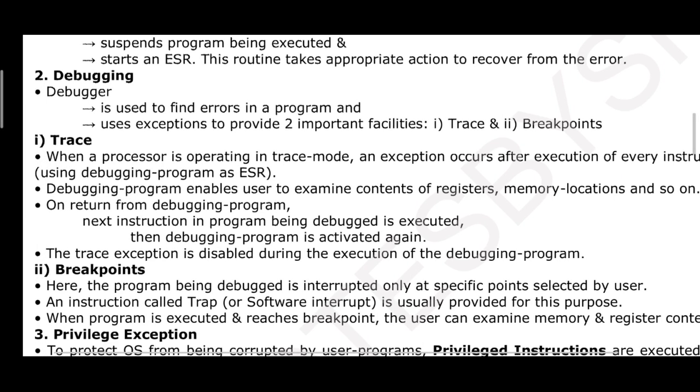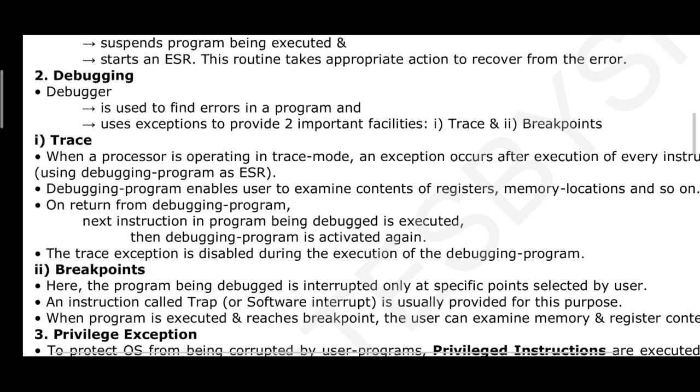So it will show you the path of the control. Tracing means following the path of the control. It stops at every line after execution to show what the result is.